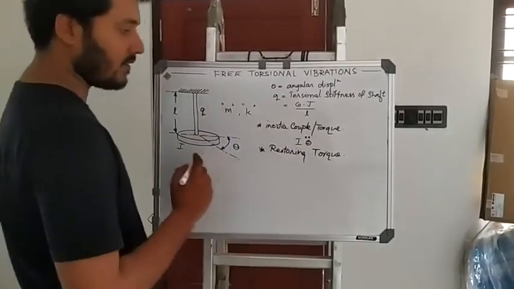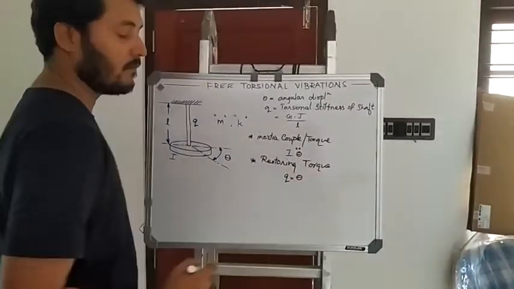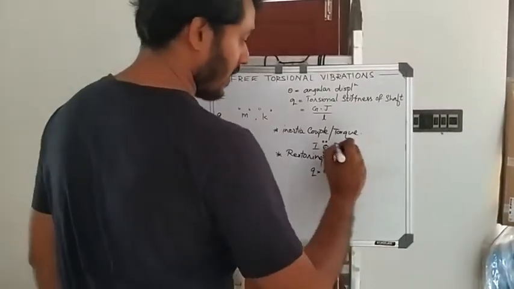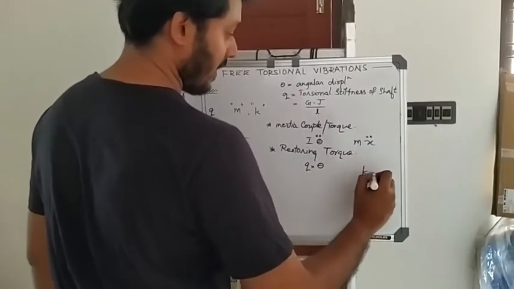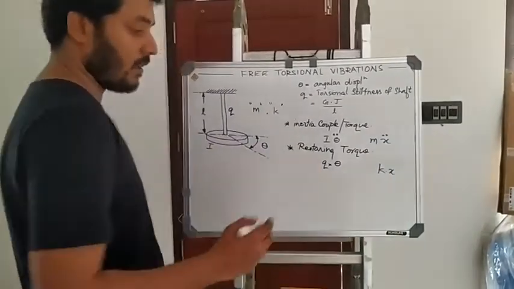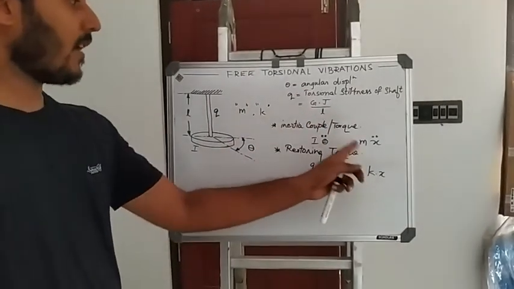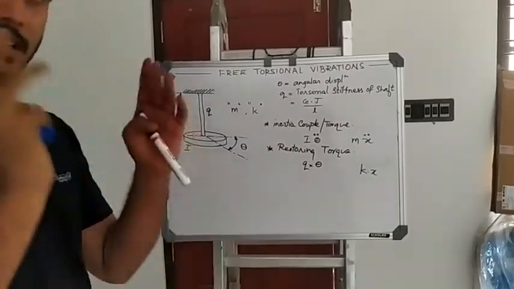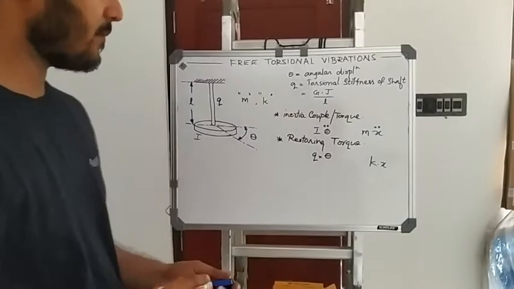acting in such a torsional system will be written as Q into theta. In the translatory case, we have written this as m x double dot and this was k x. In place of k, we are substituting q, which is the torsional stiffness. In place of m, we have I. And x was the linear displacement in the translation system. Now it is replaced by theta, which is the angular displacement here.